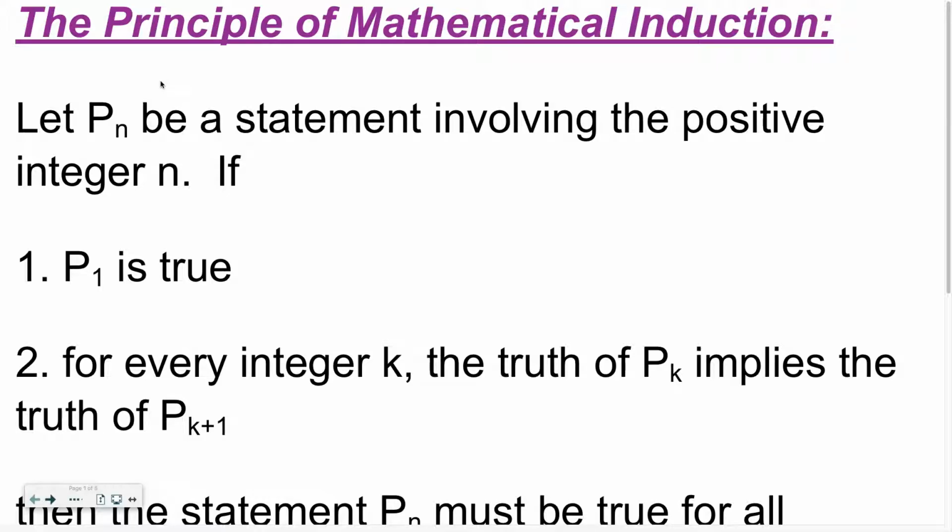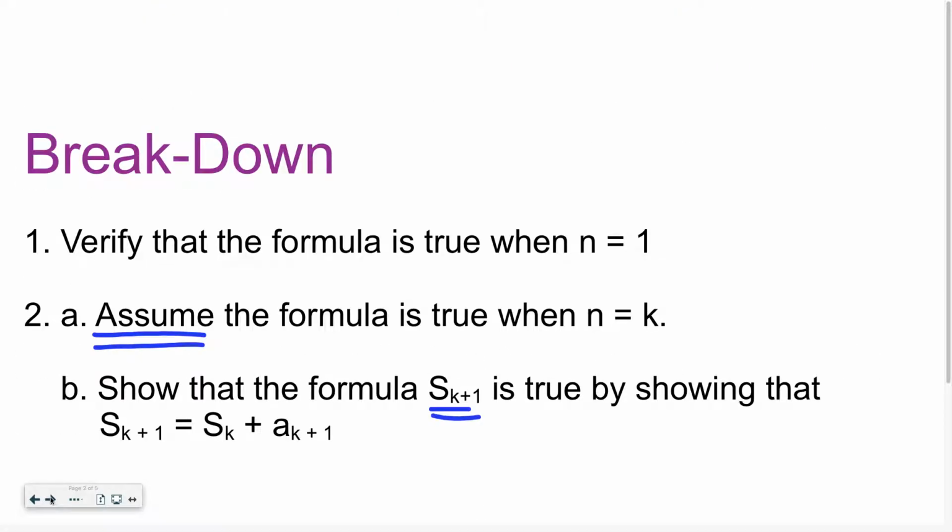So you can show that the k plus 1 is true. And once you've done that, you can conclude that your formula is true for every positive integer n. So we show it's true for 1, we assume it's true for k, and use algebra to show the k plus 1 is true.